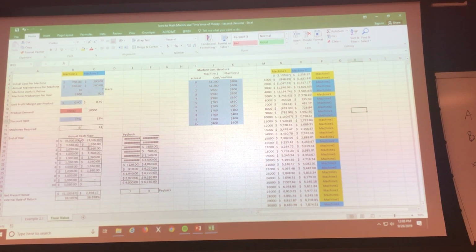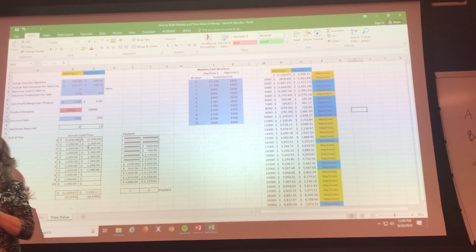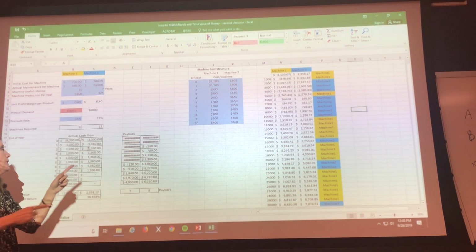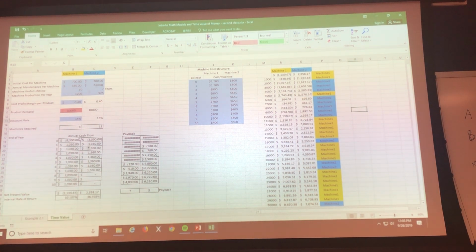So at all these different demand levels, we will sometimes be more fully utilizing our machines and sometimes less fully utilizing our machines. And it doesn't happen at the same place for machine 1 and machine 2 because these numbers are different. Now take it a step further: the number of machines that we needed told us what the price was going to be.